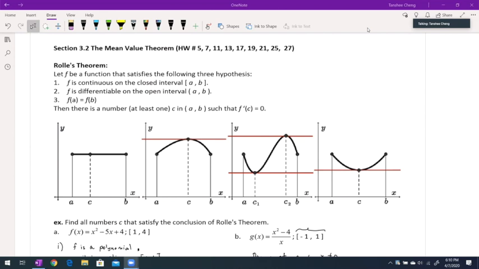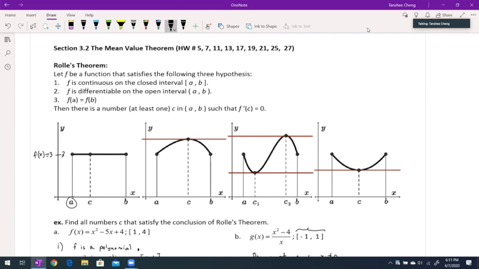Here are a few cases with a graphical approach. Suppose the function is a constant function, f of x equals, say, 3, which is a horizontal line.